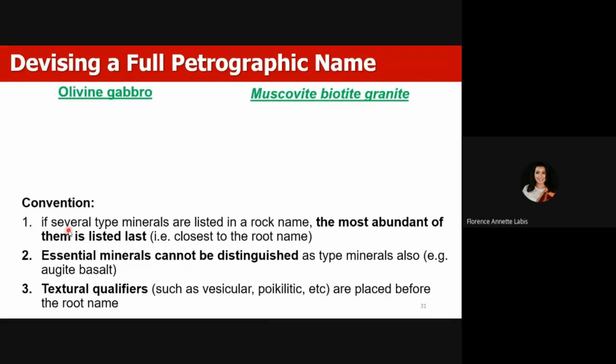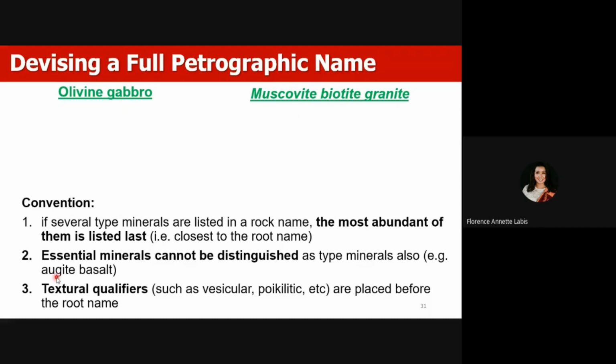So for example, you are given two samples with basically different mineral composition: an olivine gabbro versus a muscovite biotite granite.